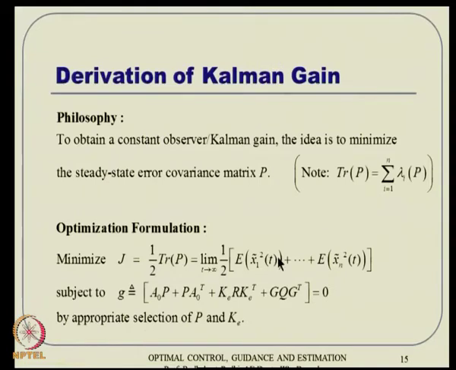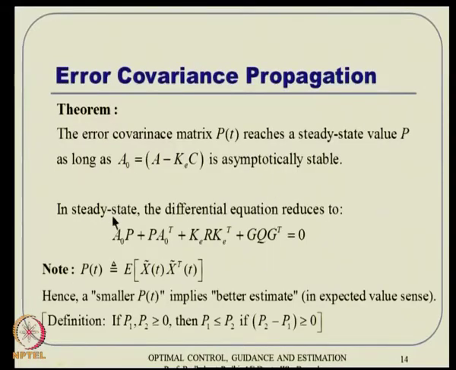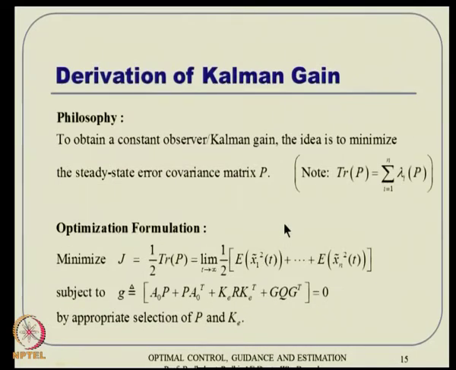Now, we are interested in obtaining a constant observer Kalman gain, not a time-varying K. So the idea here is to minimize the steady state error covariance matrix. There is a solution which is at least positive semi-definite.